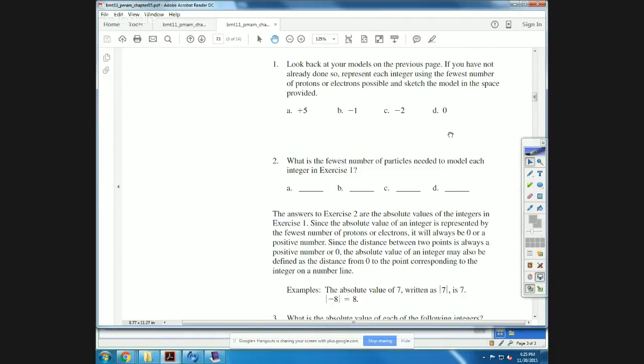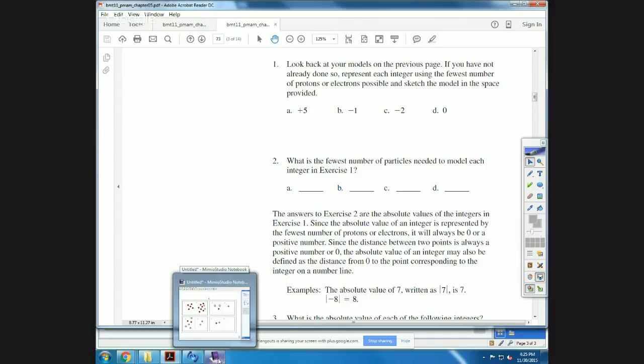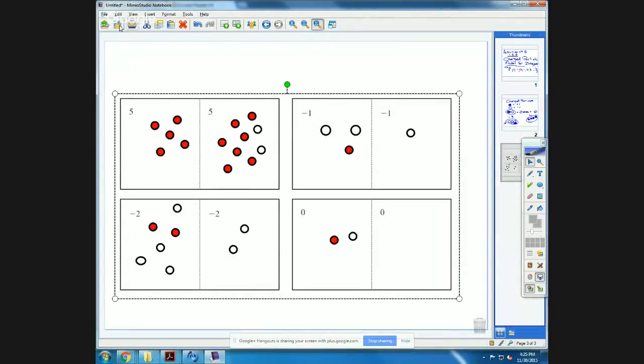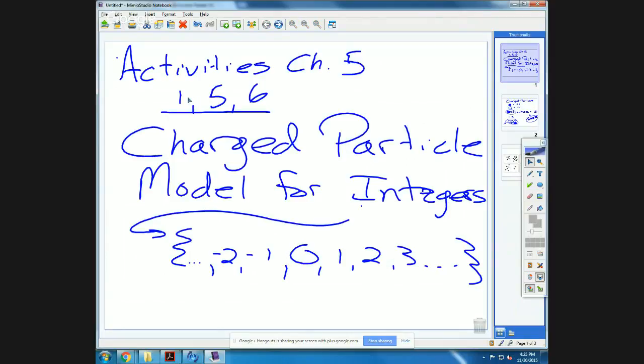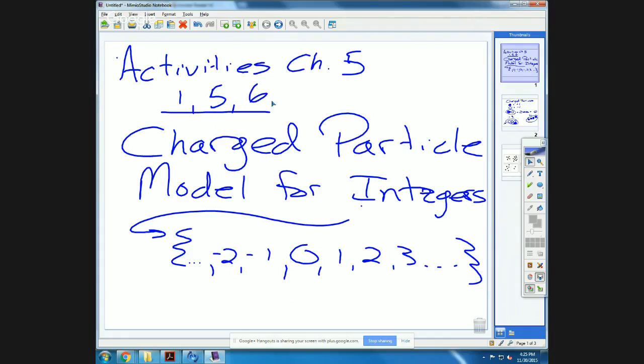So Debbie, for the activities, originally I said we were going to do activities 1, 2, 4, 5, and 6, but I've whittled it down. We only have time to do a few, and so we're going to do just activities 1, 5, and 6. Okay. And so we're doing 1 now. We'll take a look at 5 in just a moment. But I got something quick I got to do before that.